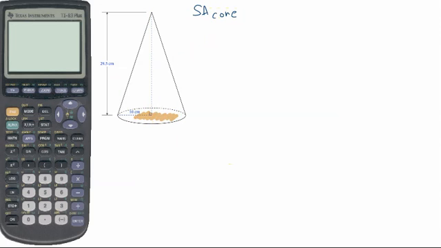The base is a circle. And the area itself is simply going to be the area of a circle, which is pi r squared. And we have to add this cone part.